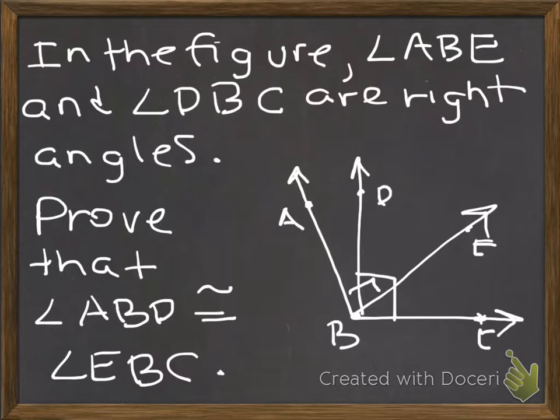Oh, here it is. By the picture, you can see that angle ABE and DBC are right angles, so that would make ABD here and DBE here complementary angles. So we need to tell that ABD and EBC are congruent, so that will help us get ABD and EBC related.